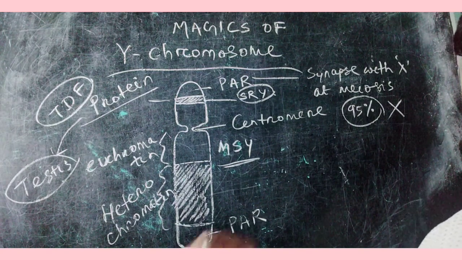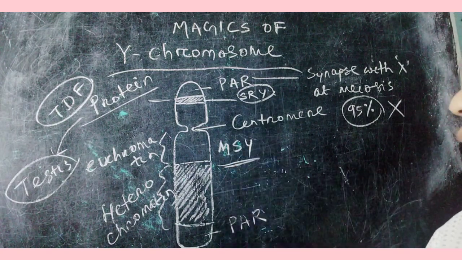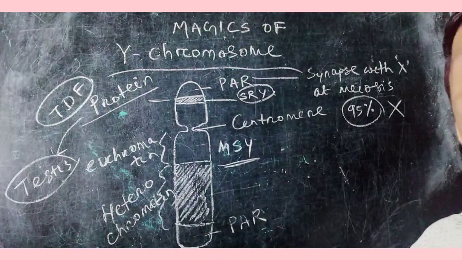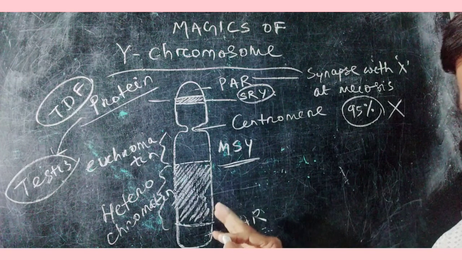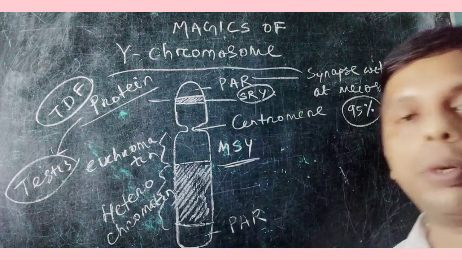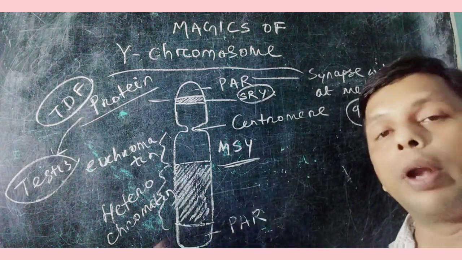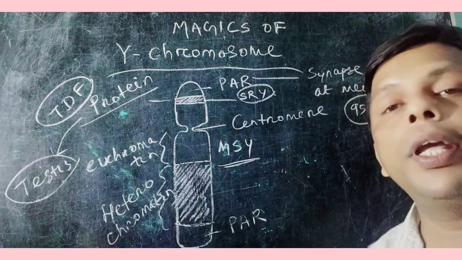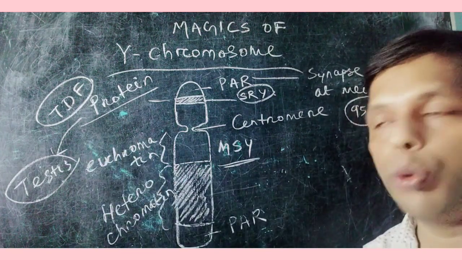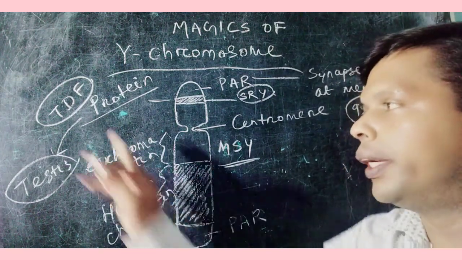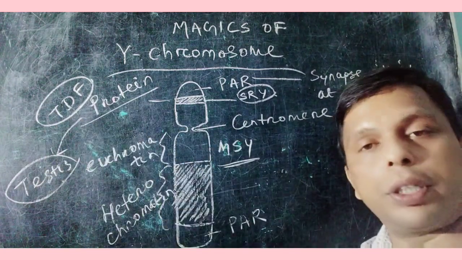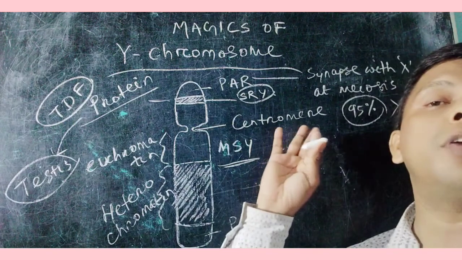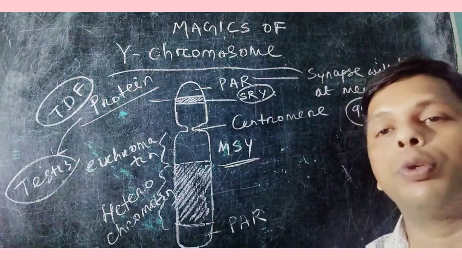Then when the Y chromosome is absent, the individual develops as a female. Male gonads never develop from the undifferentiated tissue of the embryo. Only TDF and SRY are responsible for this aspect. So, it is all about the magic structure of the Y chromosome.